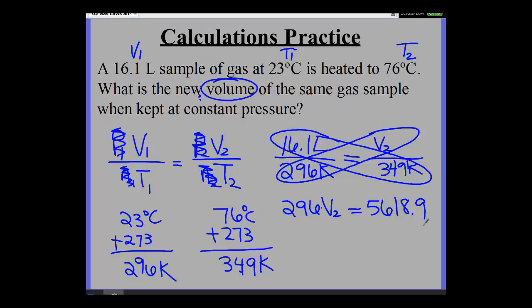It's like X. So now I divide both sides by what? 296. V2 equals 18.9. My units for volume are always L.